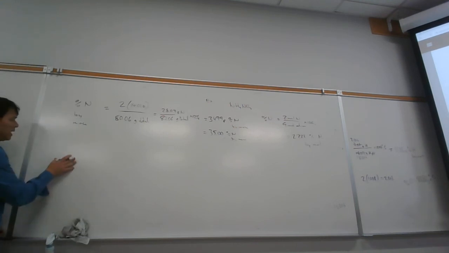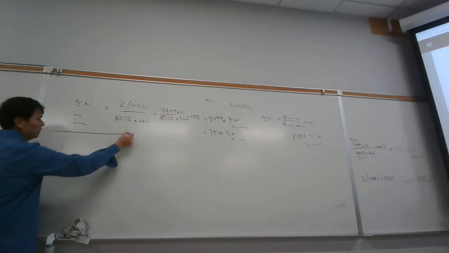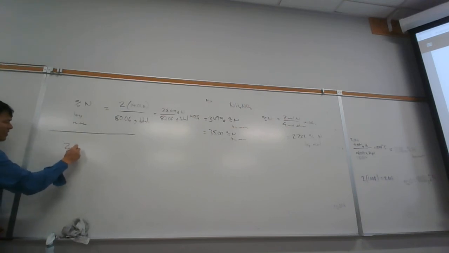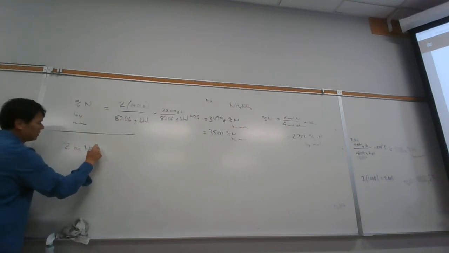So let's buy a kilogram, or about 2 pounds of ammonium nitrate. How many grams of nitrogen will I get? So, let's see. 2 kilograms of ammonium nitrate.